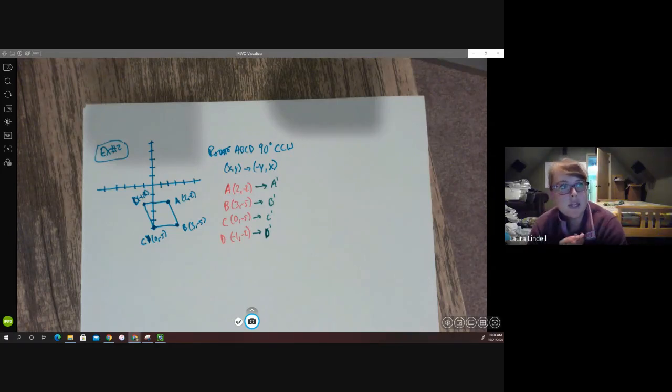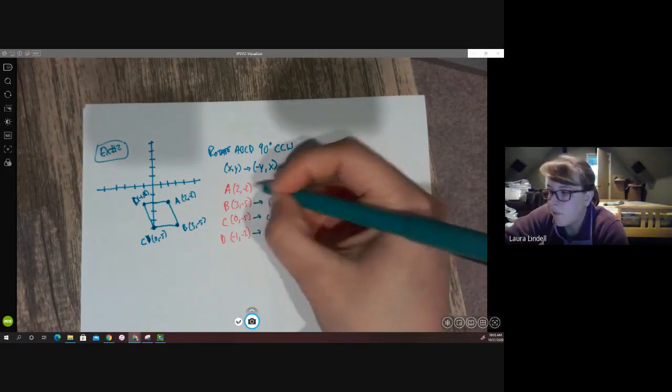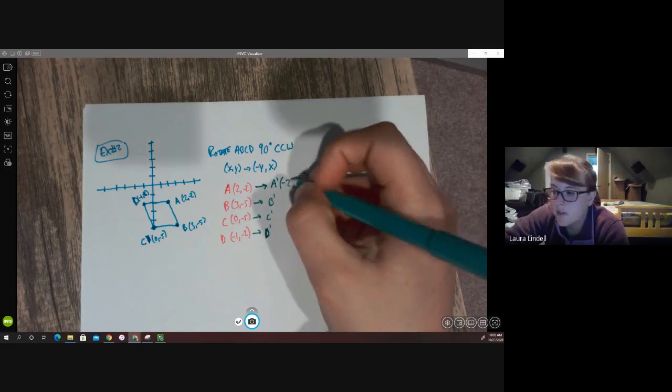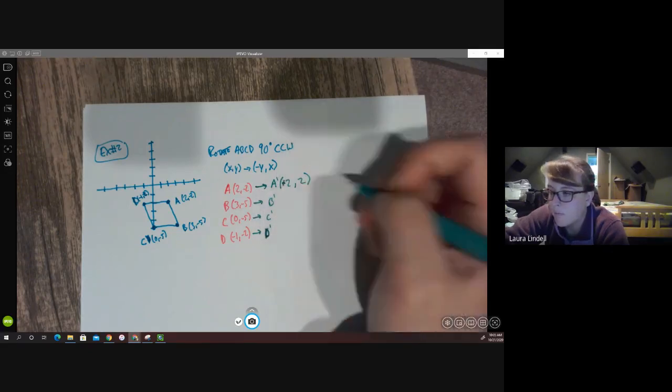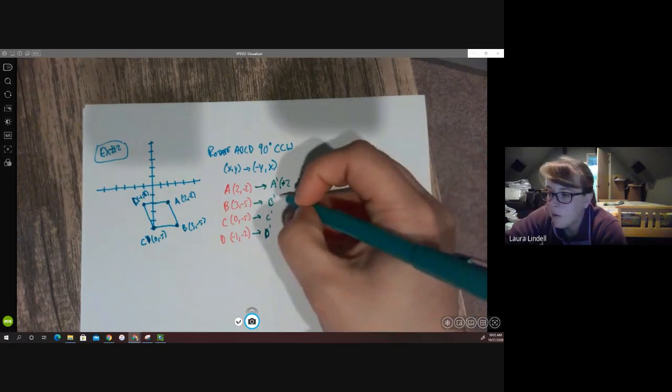And we are switching x and y, and then we are changing the sign on the y. So A prime, if we just switch them straight up, it would become -2, 2. But then I need to change the sign on this one. Since it's negative, I'm going to make it positive. On B, we're going to switch them.